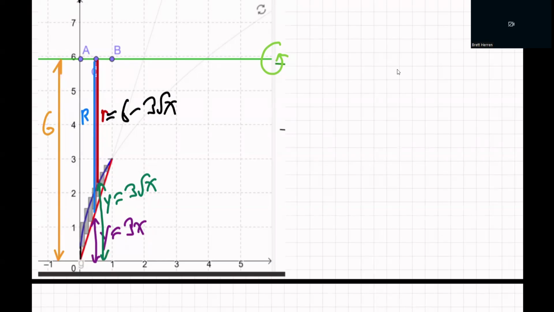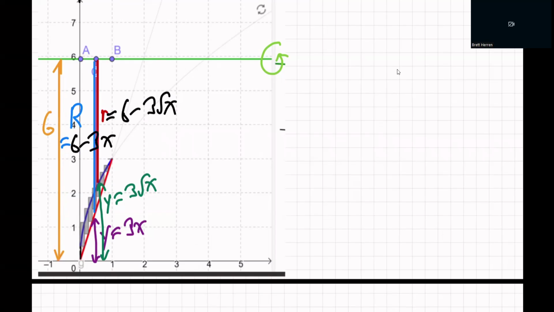And if we want to find the capital R, right here, I'll write it over here. Capital R is going to equal the whole distance, 6, and then up to here is 3x. So it's going to be 6 minus 3x, isn't it?